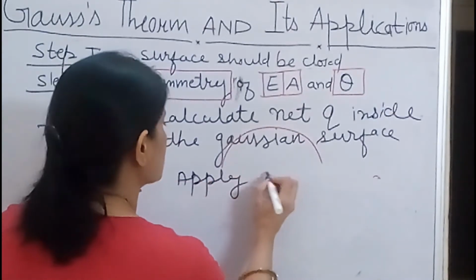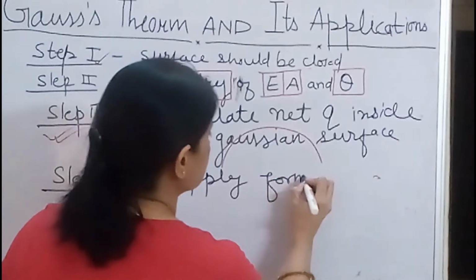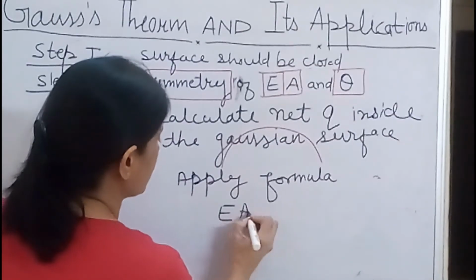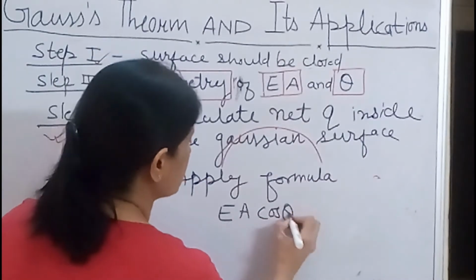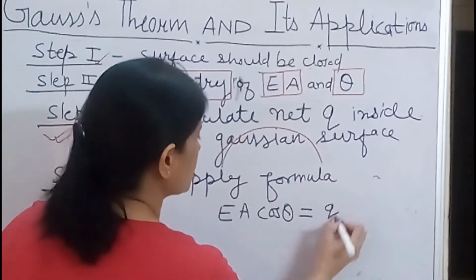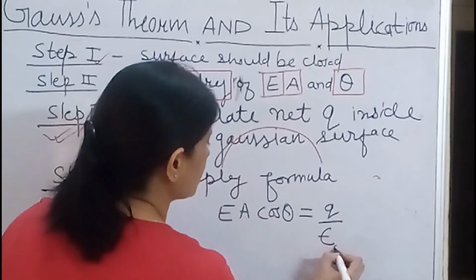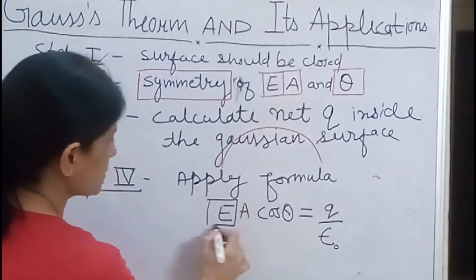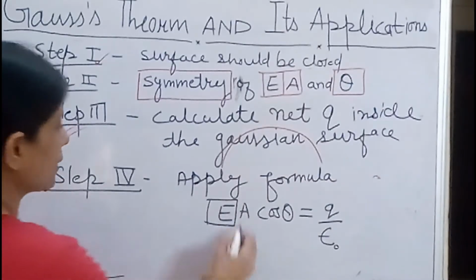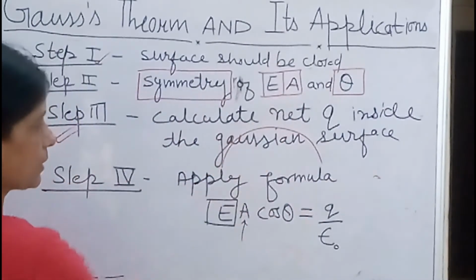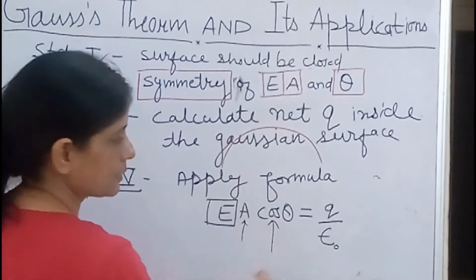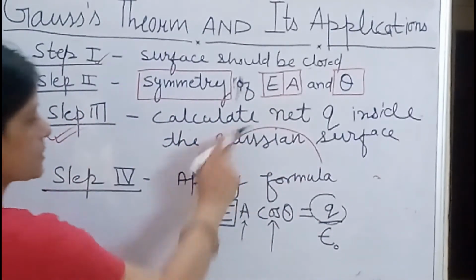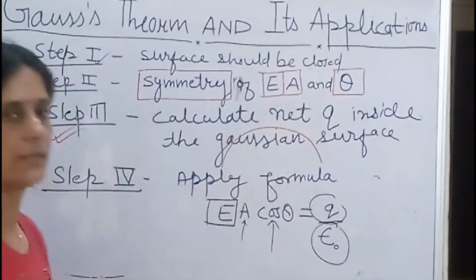Apply Gauss theorem or formula, that is E, A cos theta is equal to Q upon epsilon naught. Since this is the application of Gauss theorem, E you have to find out. A you will come to know. You are calculating cos theta. Similarly Q as you have calculated in the third step, and you know the value of epsilon naught.